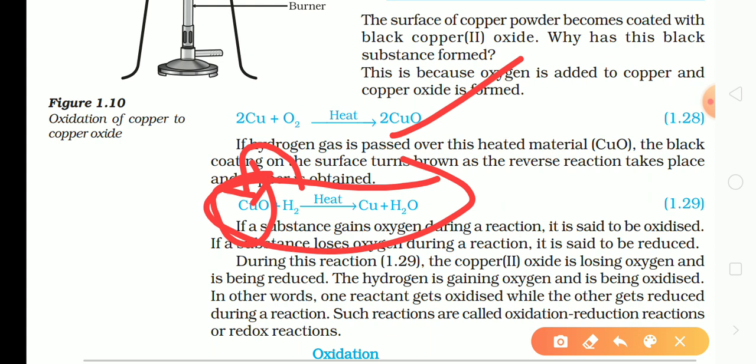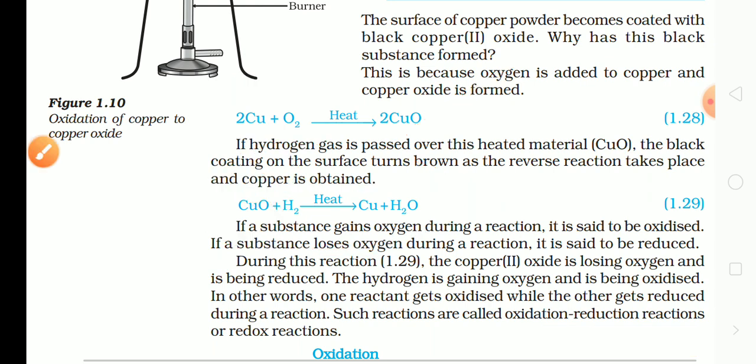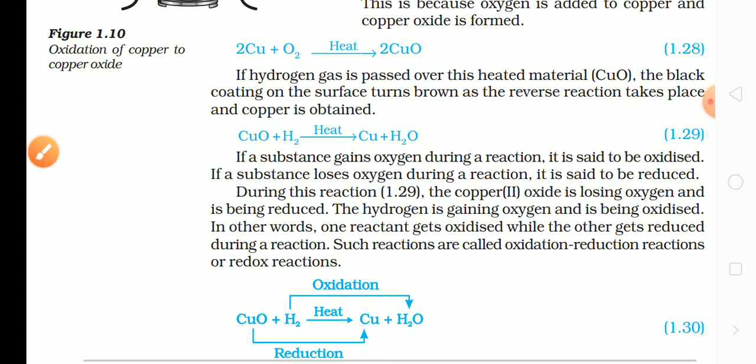Please don't ever write that copper is getting reduced. No, copper oxide is getting reduced. Copper is getting oxidized and copper oxide is getting reduced. That's the thing you need to remember. If a substance gains oxygen during a reaction, it is said to be oxidized. And if a substance loses oxygen during a reaction, it is said to be reduced.